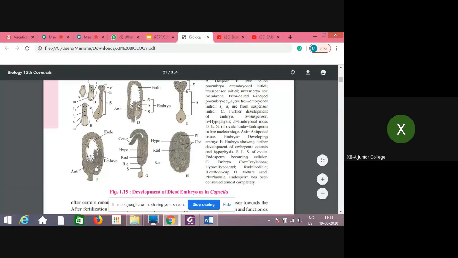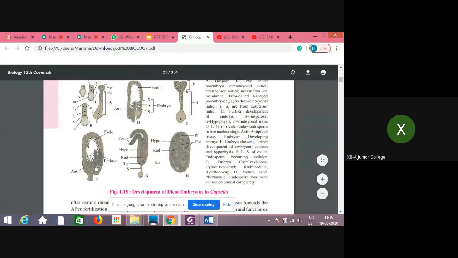Now here you can see simultaneous divisions taking place in both the cells. In this diagram you can see the first division of the embryonal cell, and here S1 S2 is also shown, that is the division of the suspensor initial.